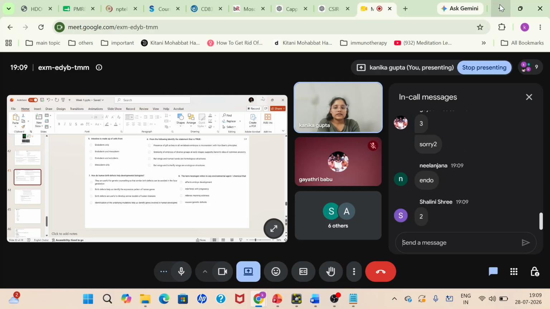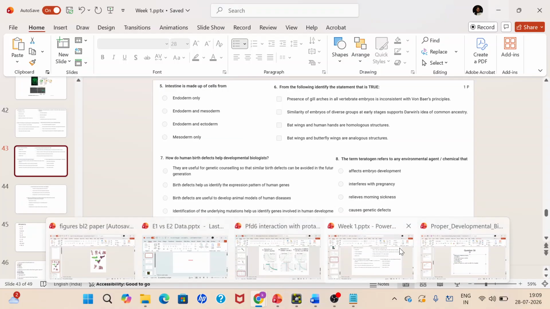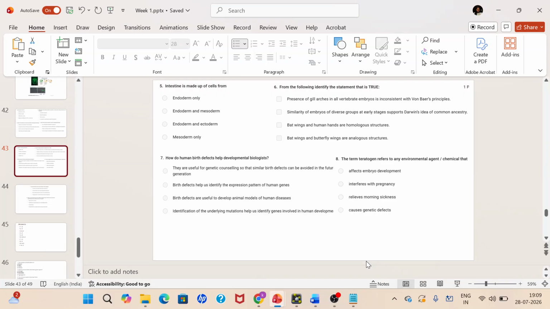Yes, right. Nilanjana, it should be endoderm and mesoderm both, because both the germ layers are involved in forming the intestine. So the answer to question number five is B, endoderm and mesoderm.